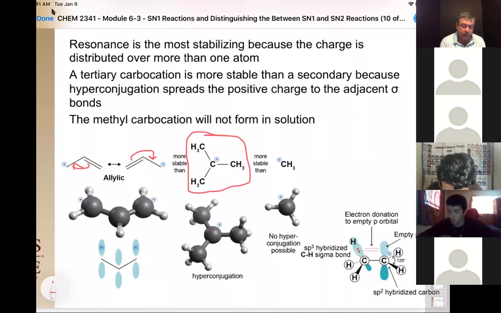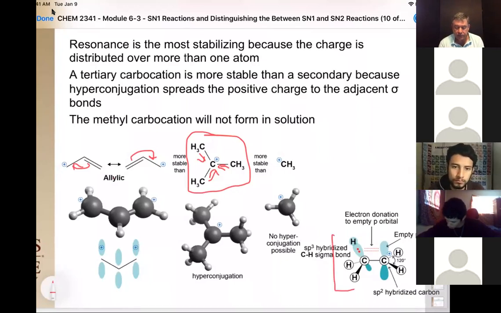We have an inductive effect where these are pulling from the electron density of the carbons around it, but also there's a thing called hyperconjugation. In hyperconjugation, when we have a methyl group that's next to the carbocation here, we have a sigma bond to hydrogen.